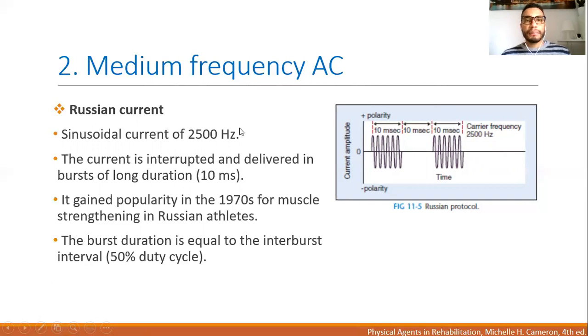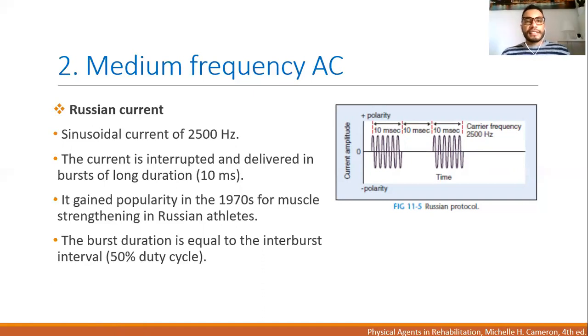The Russian protocol gained more popularity during the 70s because the Russians observed that using this type of current in Russian athletes, they observed more muscle strengthening and also muscle power. So this healthy population benefited by the use of this type of current.